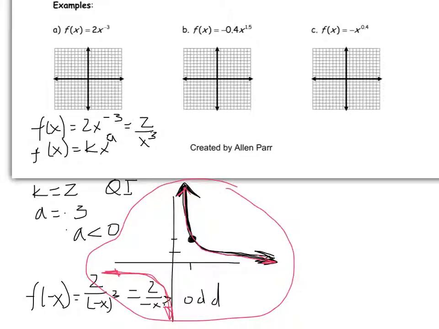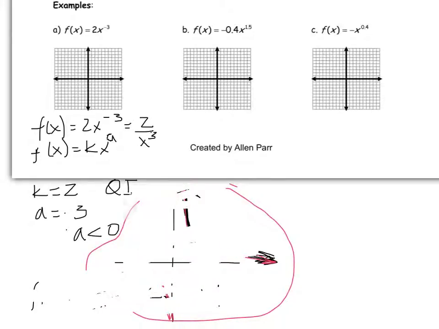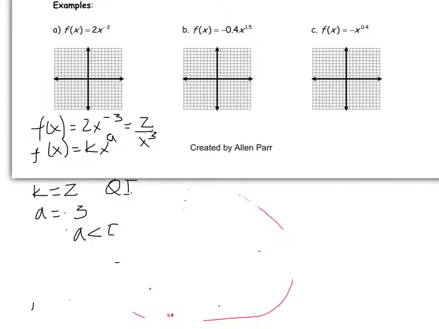But anyway, let me see if I erase this, what my function will graph like. Here it goes to the point 1, 2.